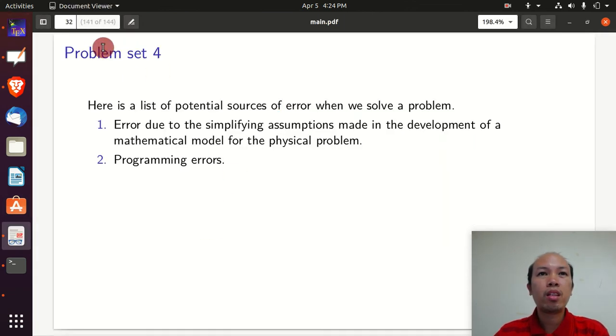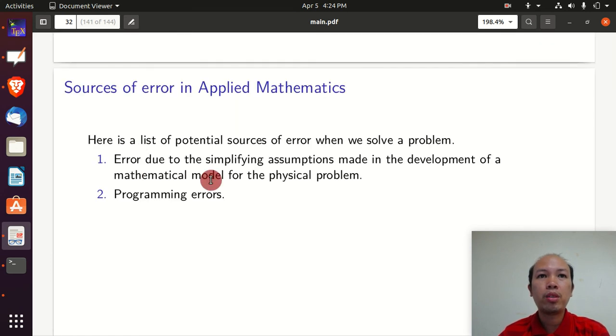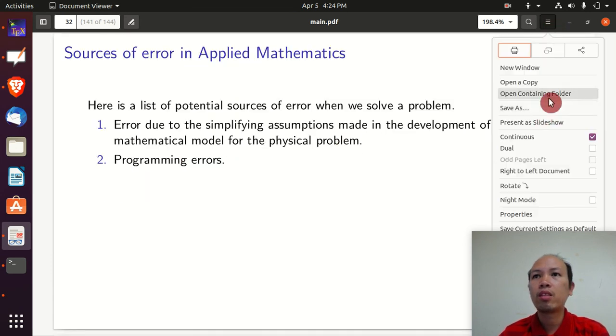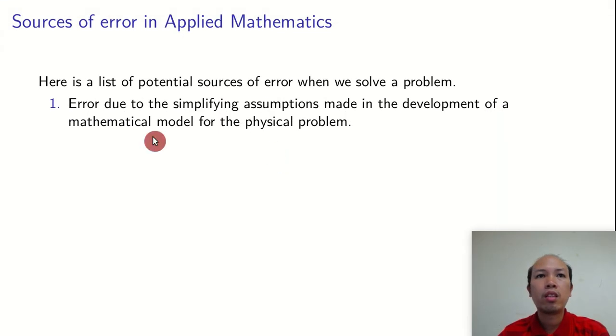So this is not a problem set, but these are the list of potential sources of error when we solve a problem. The first one is error due to simplifying assumptions made in the development of the mathematical model for the physical problem.